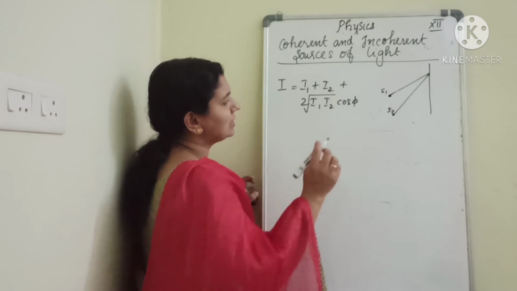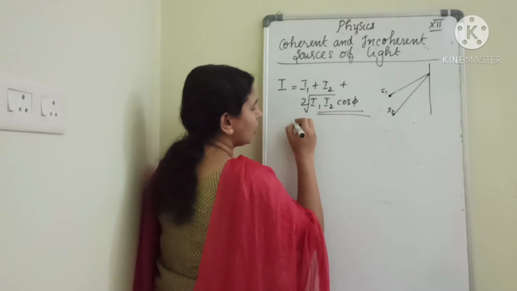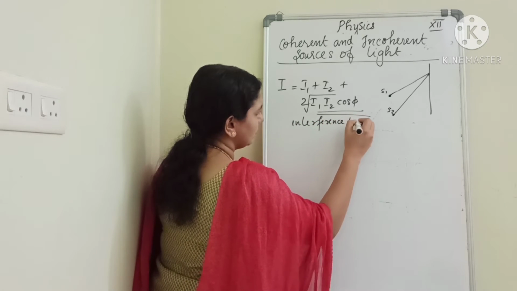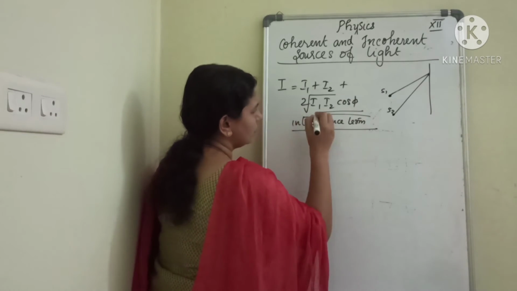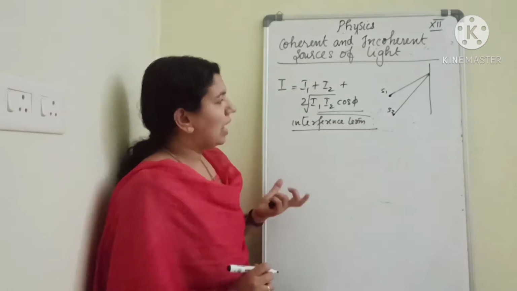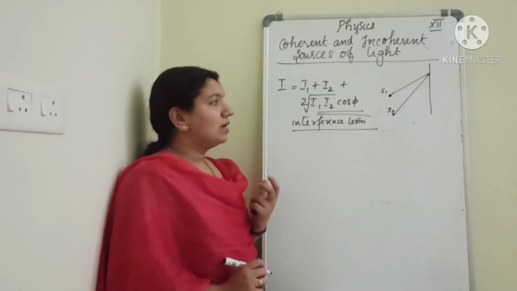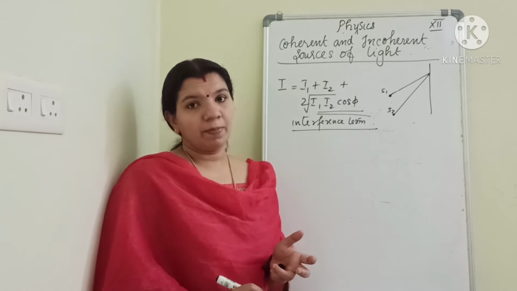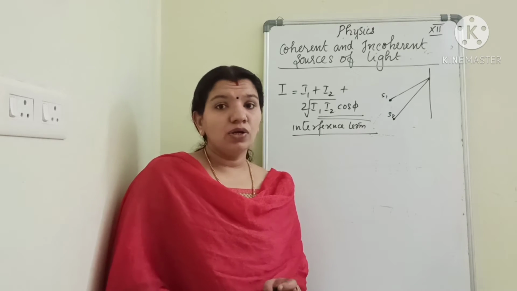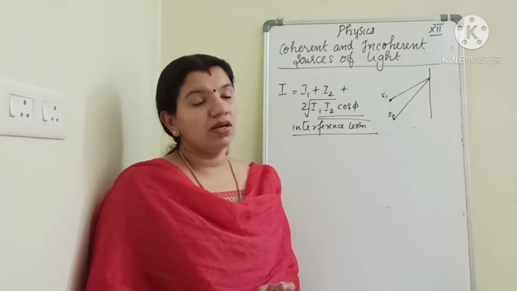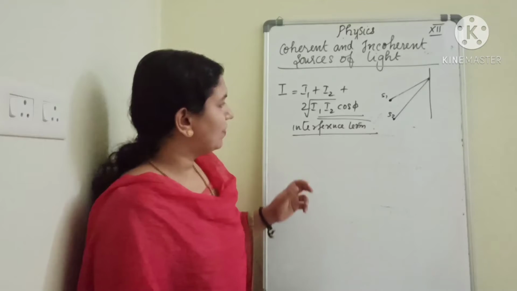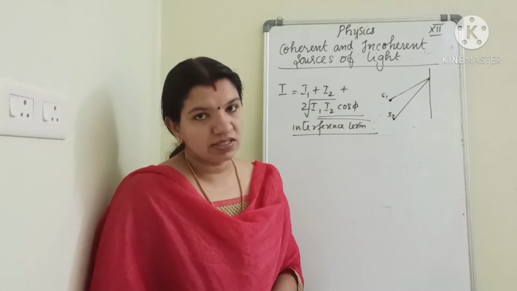Here this term cos phi is called the interference term. Depending upon the value of cos phi, we can estimate whether the sources are coherent or incoherent. The value of cos phi will determine whether it is of maximum intensity or minimum intensity. That is why we call this term the interference term.